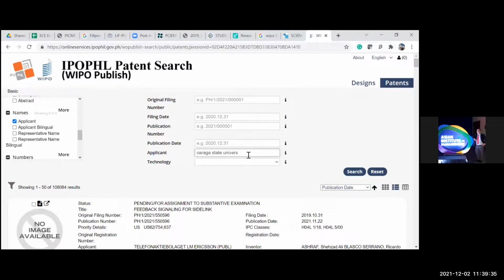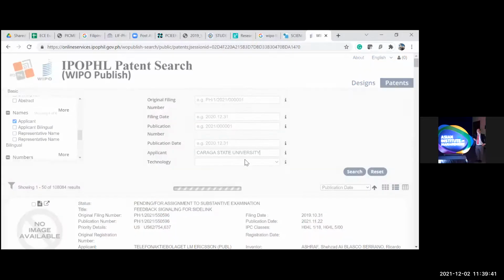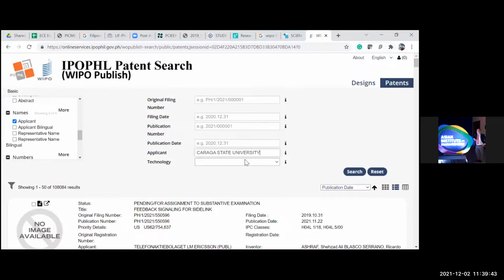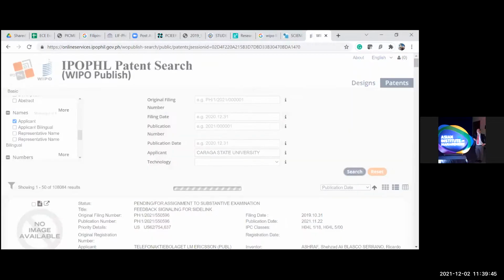Supposedly this should automatically give you options. So here, Caraga State University, and then search. You'll see here the patent applications of Caraga State University.